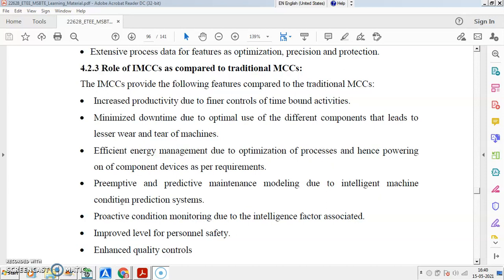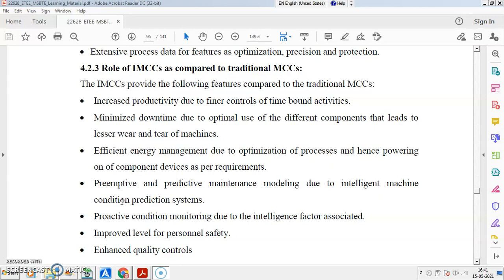Number one, we have discussed the increased productivity because of the finer control of time-bound activities, precision activities, optimized activities, less downtime. So it increases the productivity.